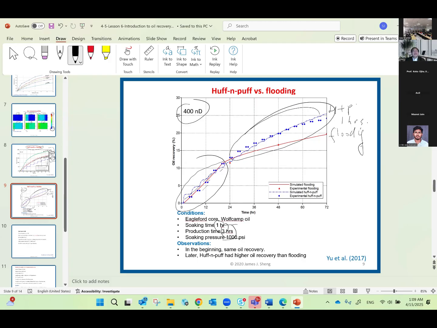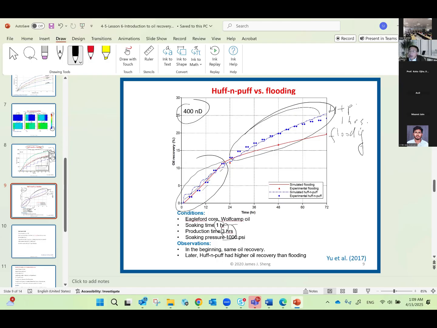Why? Because in the beginning, when you're flooding, although gas has not reached the production end yet, on the production side you have oil there nearby, right? So you immediately produce oil. So therefore, in the beginning, you see gas flooding can produce oil.